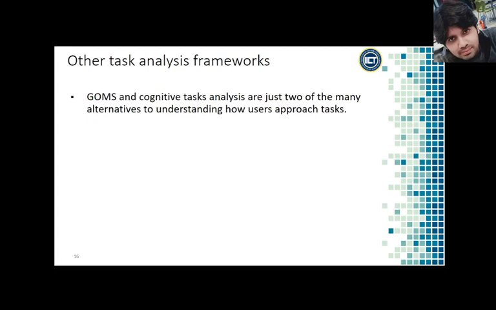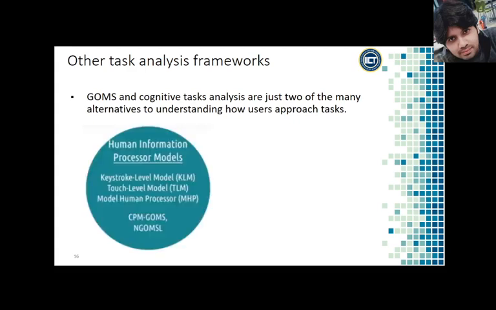Now, GOMS and cognitive task analysis are just two of the many alternatives for understanding how users approach tasks. More in line with the human information processor models like GOMS, there exist models like KLM, CMN-GOMS, and MHP, which capture even finer grain actions for estimating performance speed.